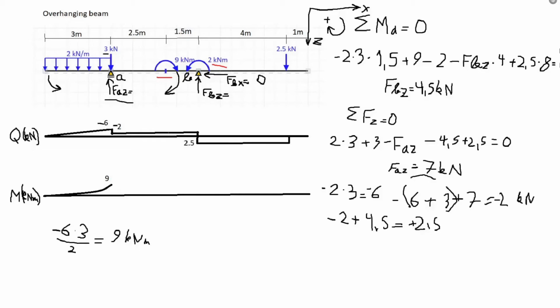So let's divide this rectangle into 2 rectangles, and we will get minus 2 times 2.5 minus the moment 9, which will give us 14. Since a rectangle is a horizontal line on the shear force diagram, it will give us a linear line on the moment diagram.